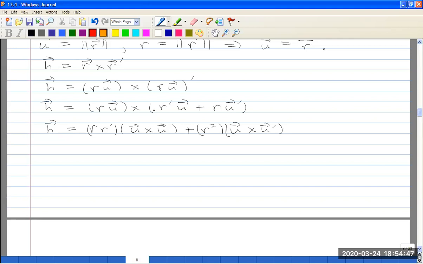Well, I know that any vector crossed with itself is 0. And so I get that h is equal to r squared u cross u prime.